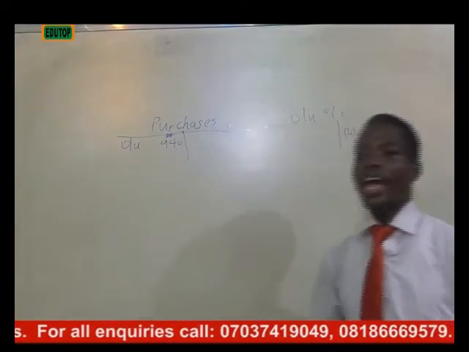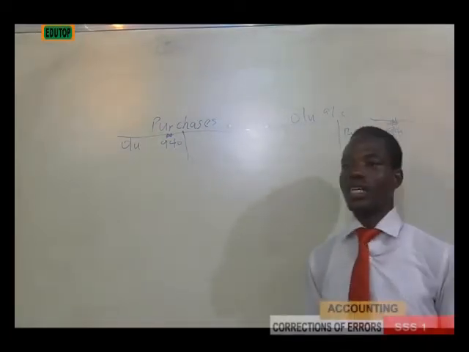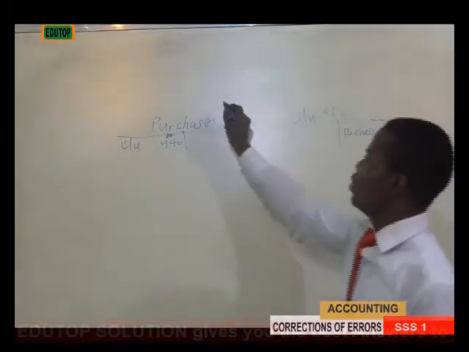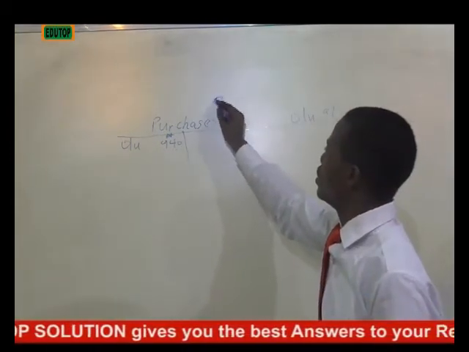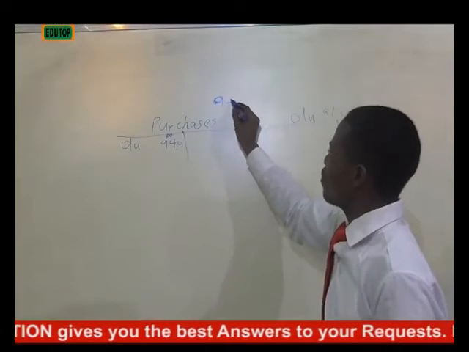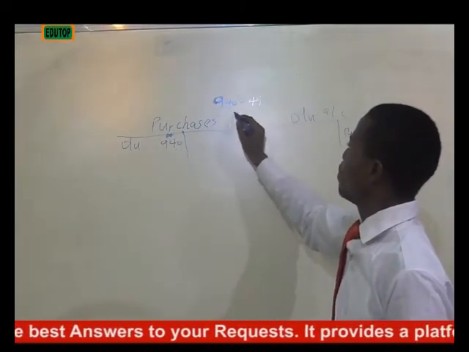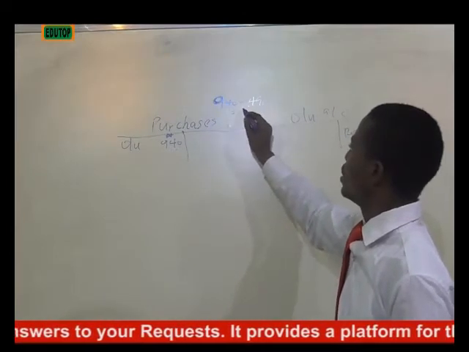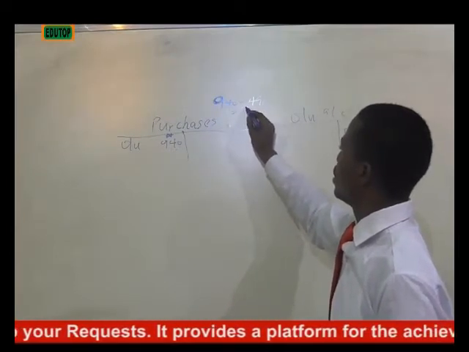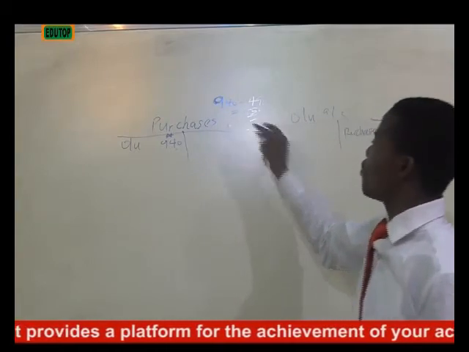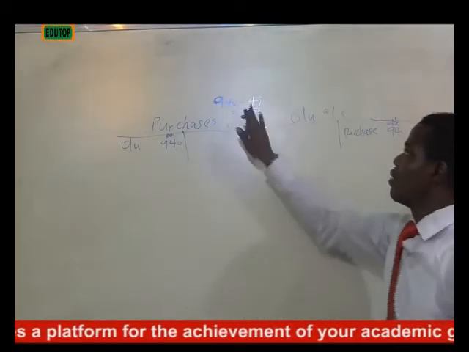That's what we call error of original entry. To correct these errors, this is what we do: 940 minus 490 gives you 450 naira.